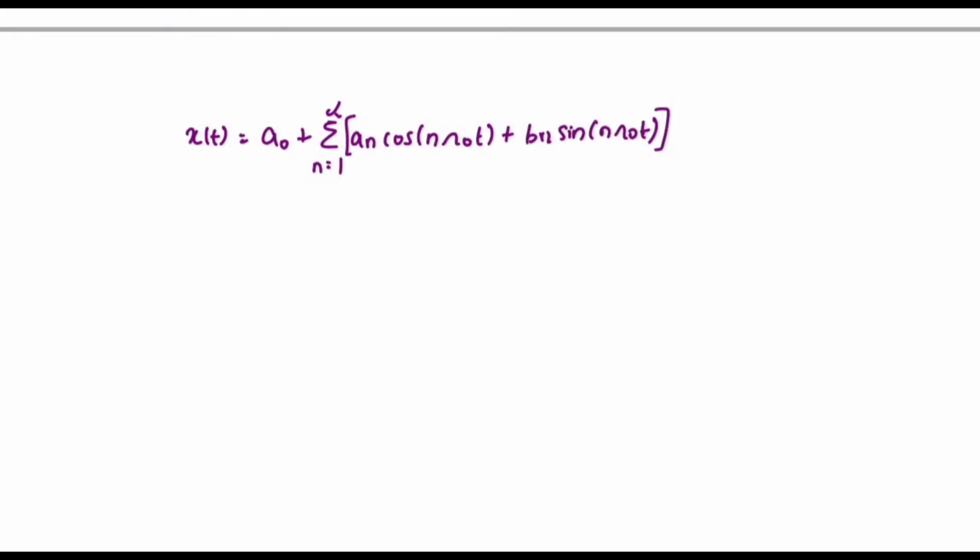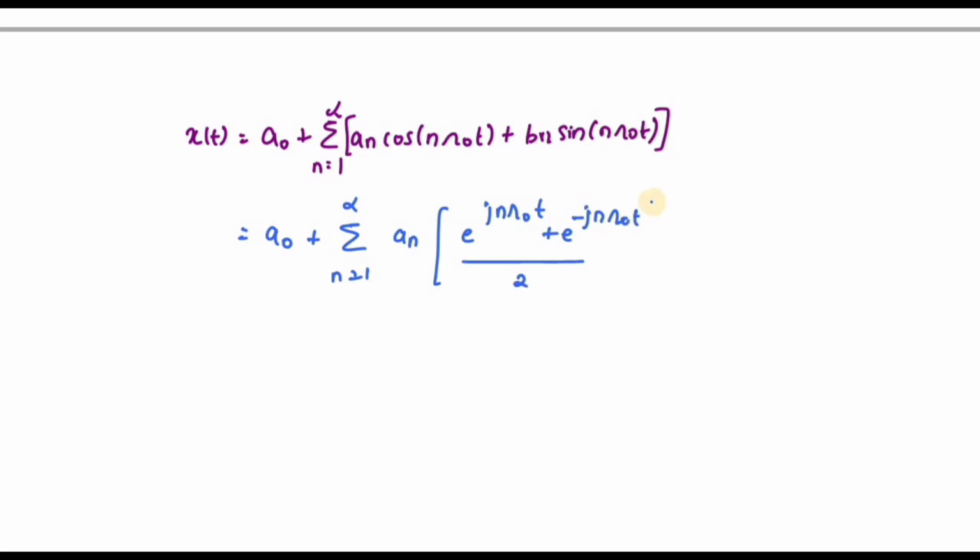Okay, so here we are going to find... this is the formula for the Fourier series. This formula I can rewrite as a naught plus summation n is equal to 1 to infinity an, which I can write as e power j n omega t plus e power minus j n omega t divided by 2, right?